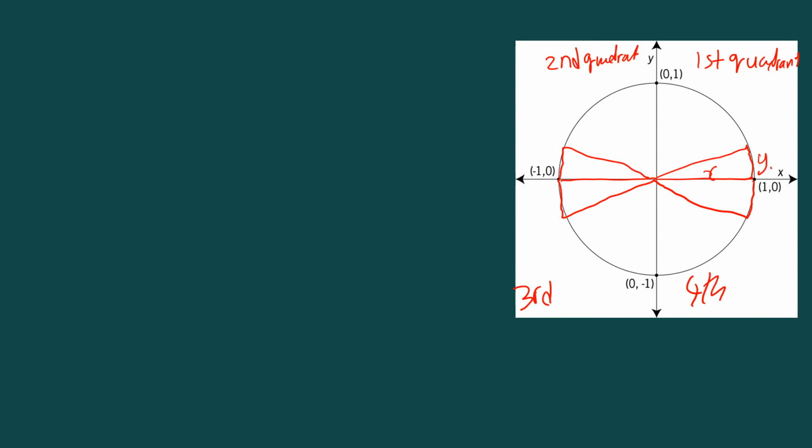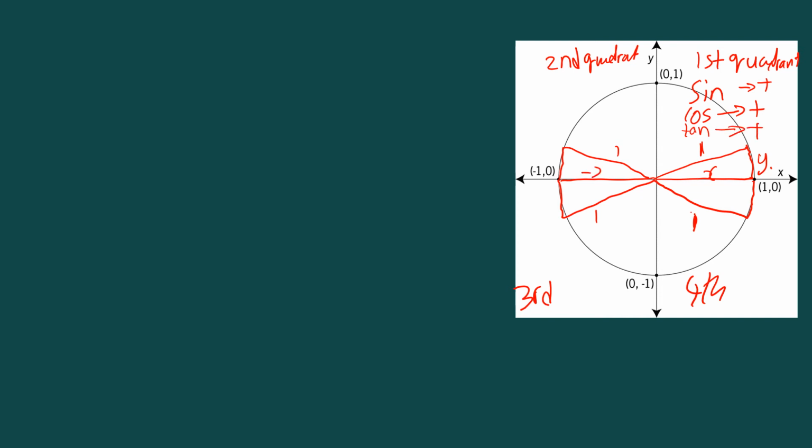So as I mentioned previously, sine of theta is basically y, because this is 1, this is 1, this is 1, this is 1. So sine is going to end up positive. Cos of theta is also going to end up positive because cos of theta is equal to x, and x in here is positive as well. Tan is basically sine divided by cos, both of them are positive, so it's going to give us a positive value.